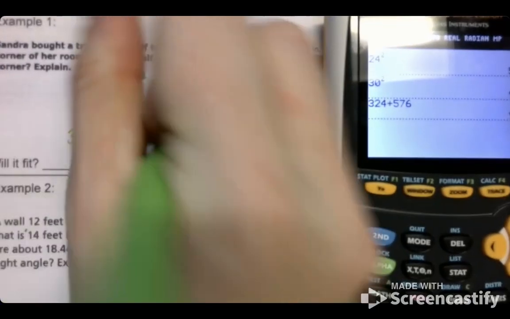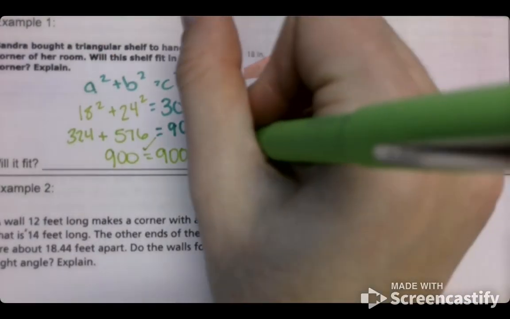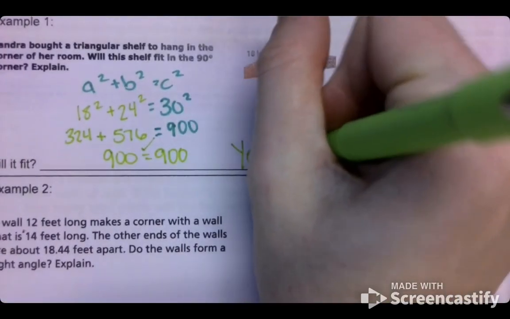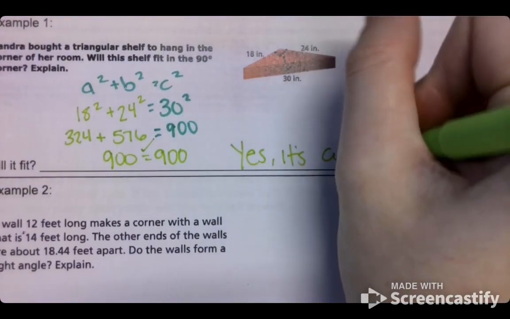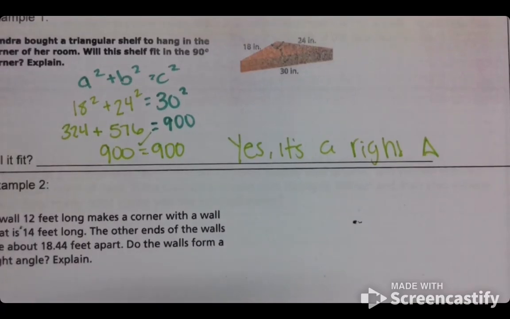Does 900 equal 900? It does indeed, which means it's a right triangle because they equal. And that's something that you did a little bit on your Savas last week. So hopefully you remember that.